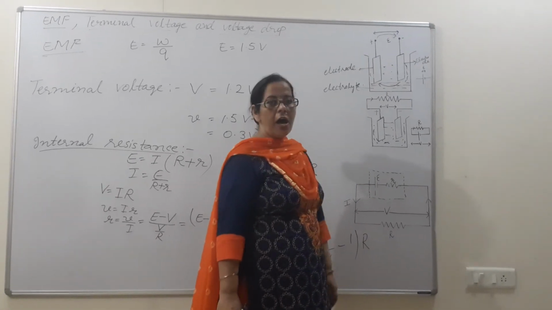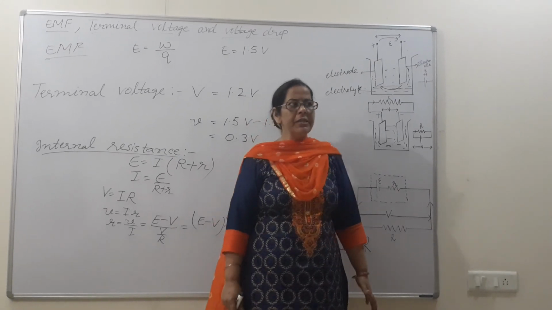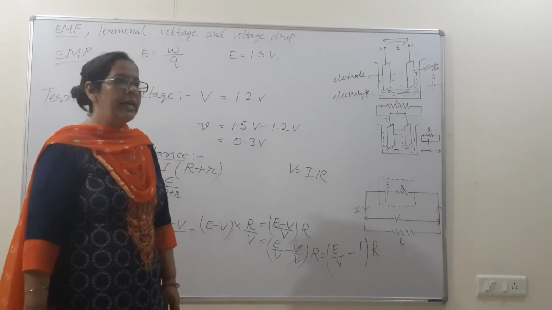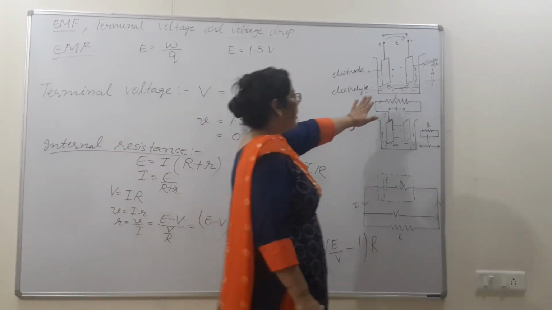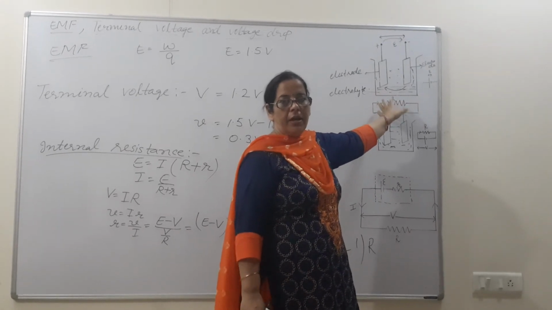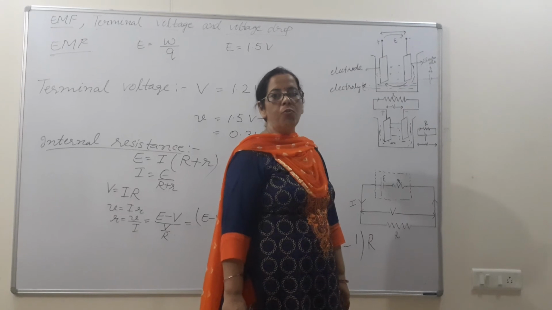The third one is how concentrated the electrolyte is. Concentrated means having more density. If the electrolyte is denser, it means the ions will feel difficulty in their movement, and it means internal resistance will be more.